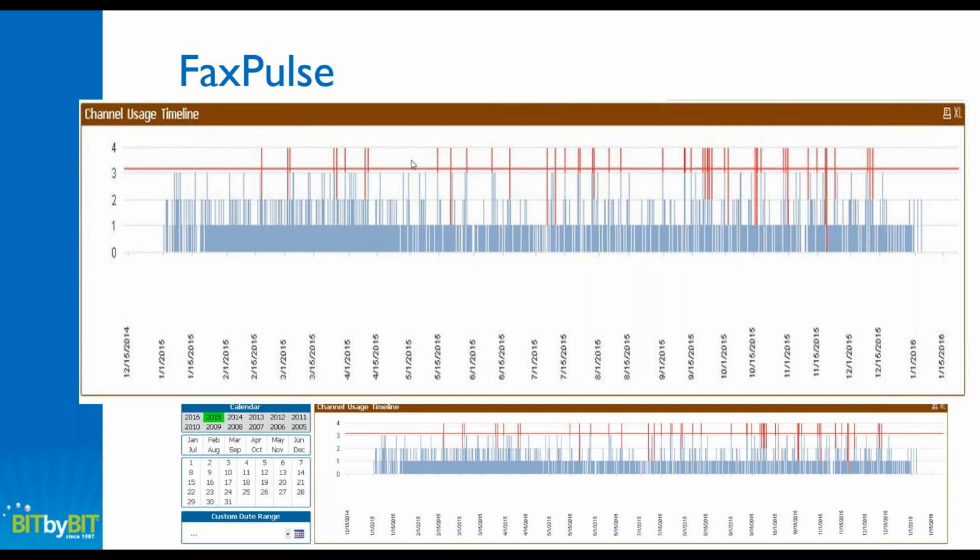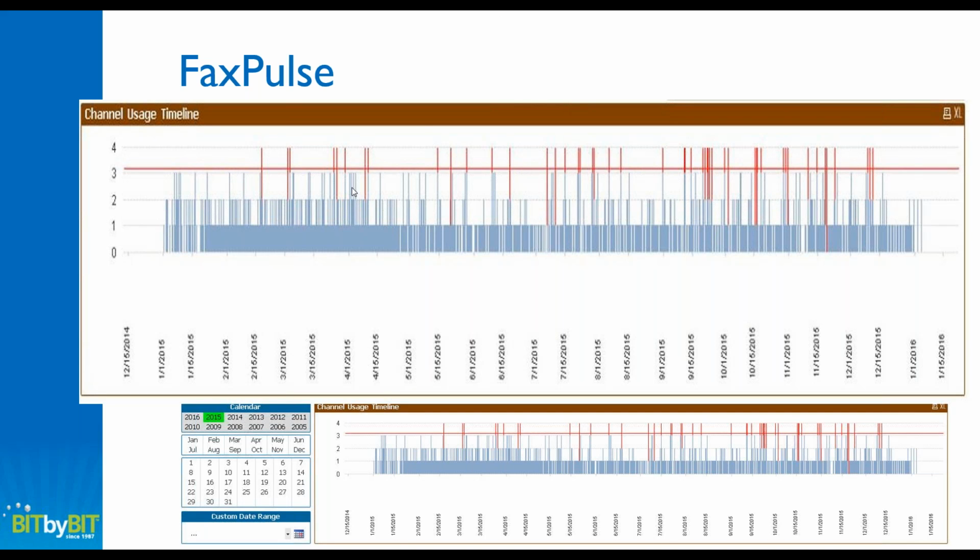And here are all the different times when you had a day when it hit all 4 channels. Again, you never want to be at maximum channel utilization because if you are, inbound faxes are going to get a busy signal coming in. So this is a real useful tool in helping you figure out how many channels you need to accurately cover your fax volume.